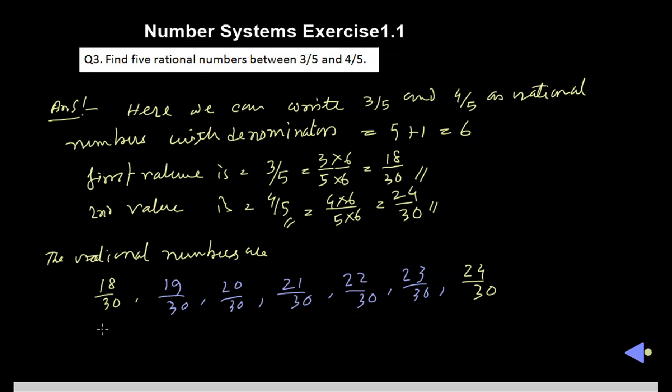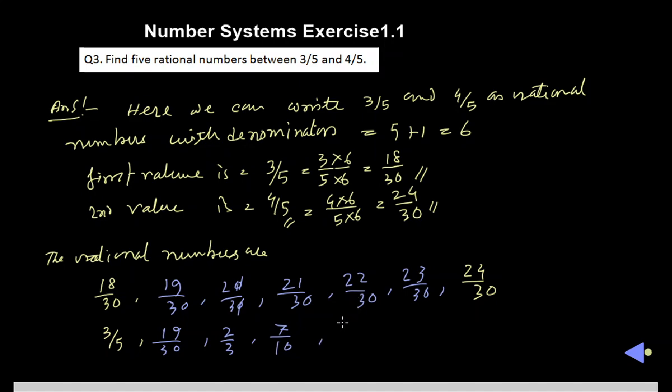So the first one we can write as 3 upon 5. The second one can be written as how much? Since 19 is a prime number, it cannot be divided, so it remains the same. But here we can cancel 0 and 0, so it becomes 2 by 3, and then 21 by 30 divided by 3 becomes 7 by 10.